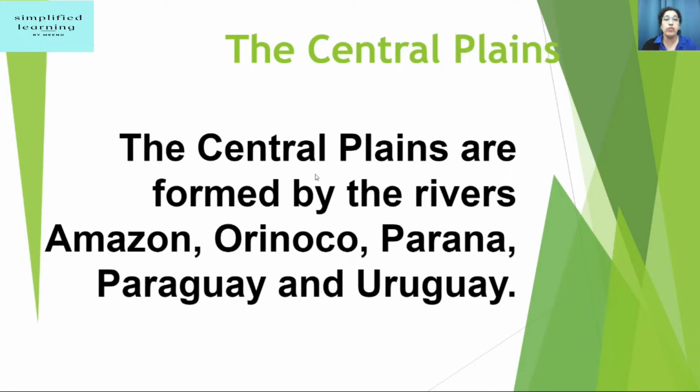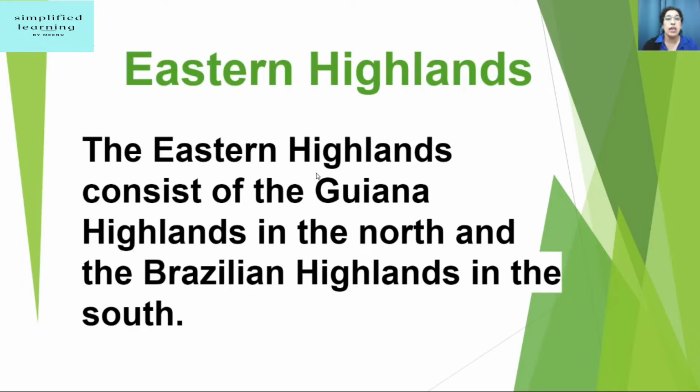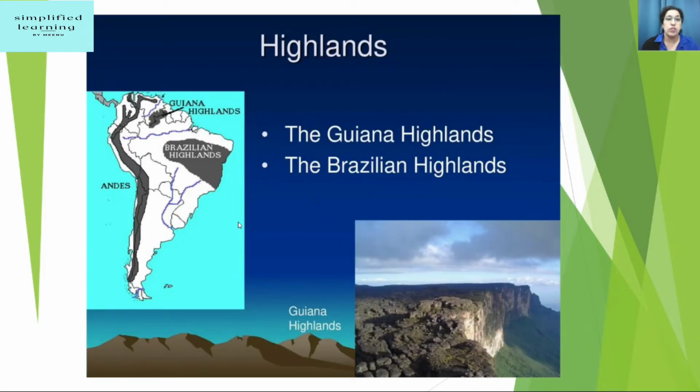Now let's move to the last physical feature of South America, which is the Eastern Highlands. The Eastern Highlands consist of the Guyana Highlands in the north and the Brazilian Highlands in the south. So you can see here, these are the Eastern Highlands.